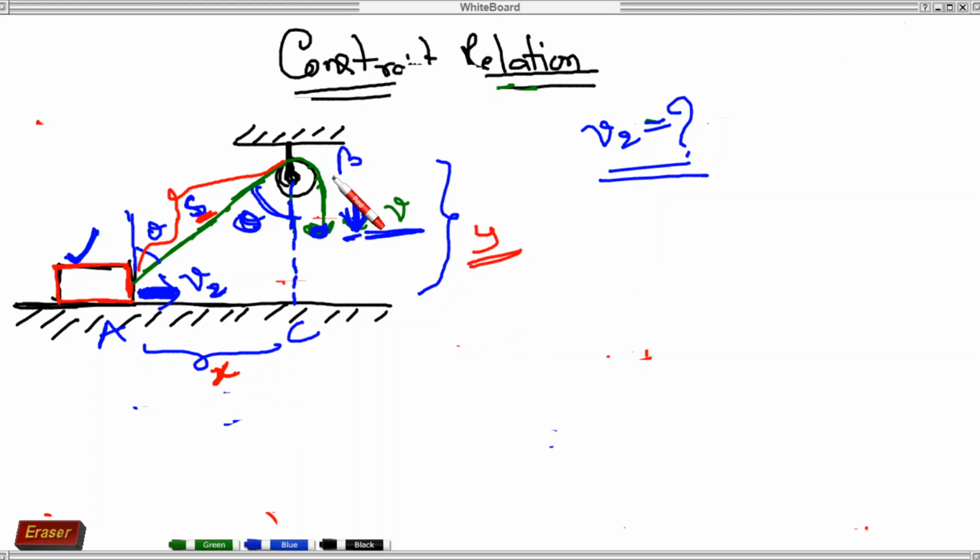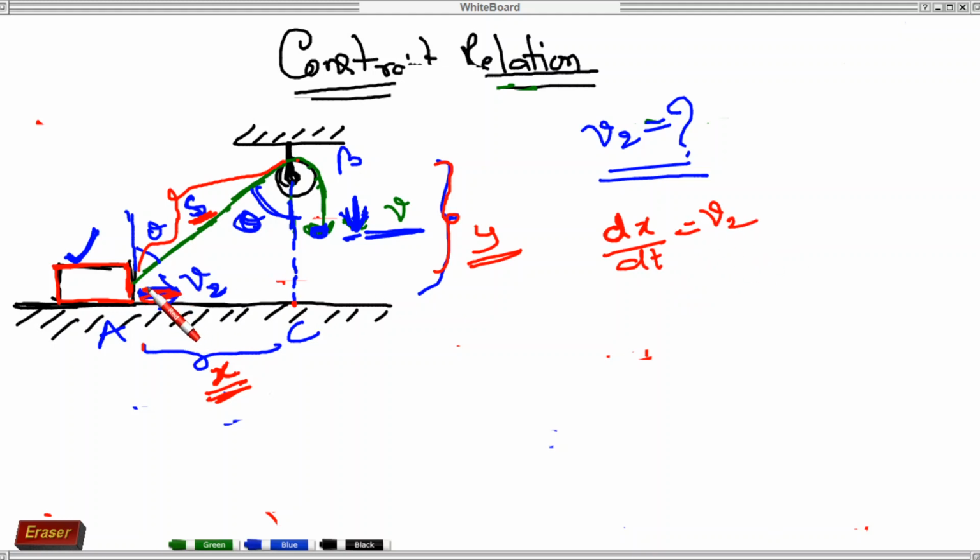You can see this height is fixed. This height will not change. The pulley height from the ground is fixed. But this x will change. So dx over dt is equal to what? It's v2.